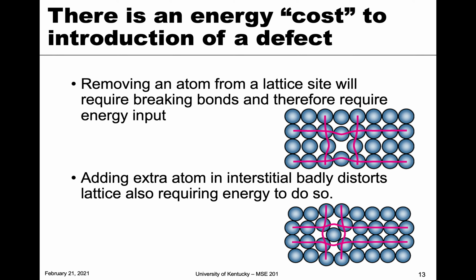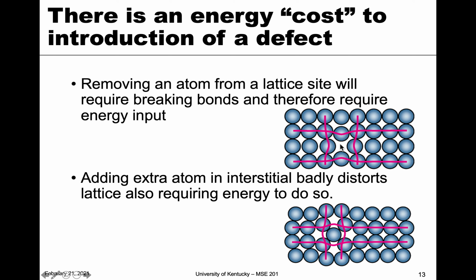When we talk about thermodynamics, and I'm going to give you the really hand wavy version of this, there's an energy cost associated with a defect, right? Because a crystal wants to be in that perfect structure, anything that we do that is imperfect from that would require an energy cost.